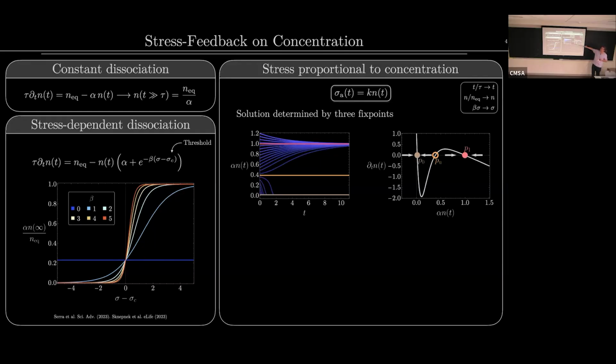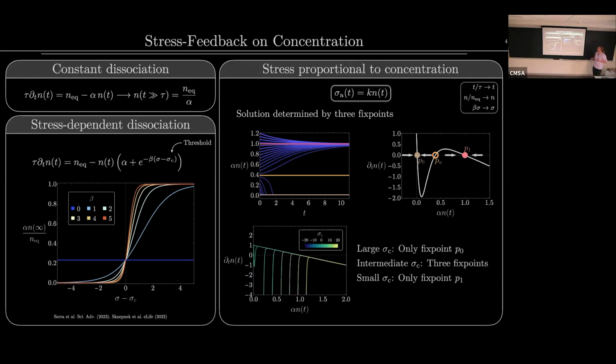If the initial concentration is very small, it fully dissociates and reduces to zero. But if the initial concentration is sufficiently large, then you have sufficient stresses in the system that you actually increase your local concentration because of that, and you go to the other fixed point. So you have two stable fixed points, or two stable solutions, as opposed to just one before.